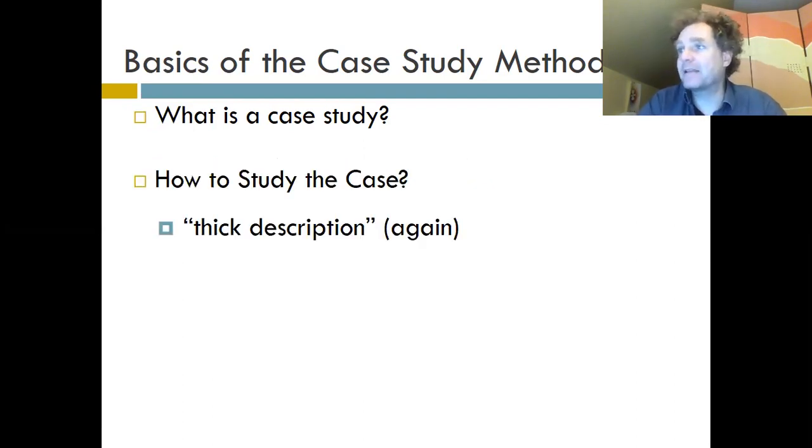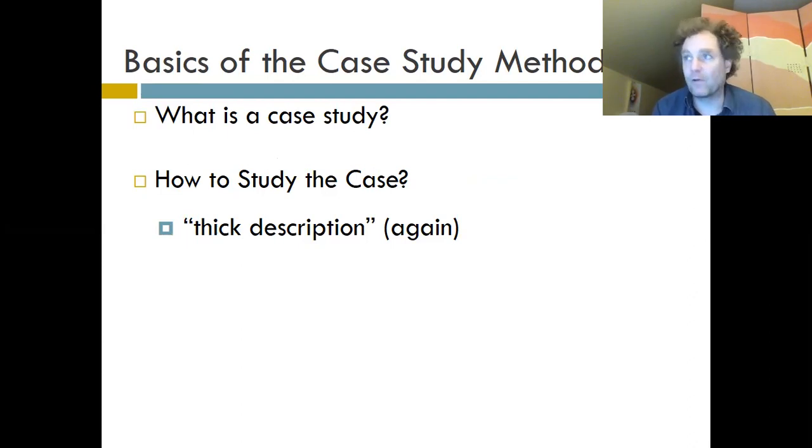And so how do you do that? Basically we're going back to this idea of thick description again. This is why it is paired this week with participant observation or ethnographies, and there's a certain degree of overlap between these two things.